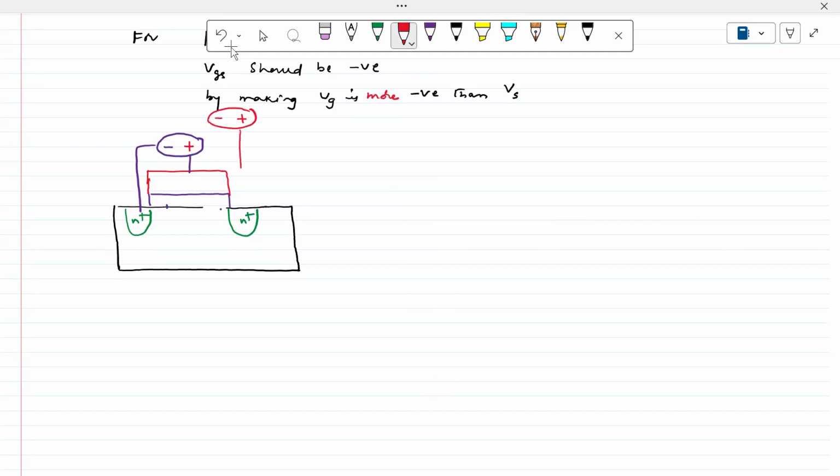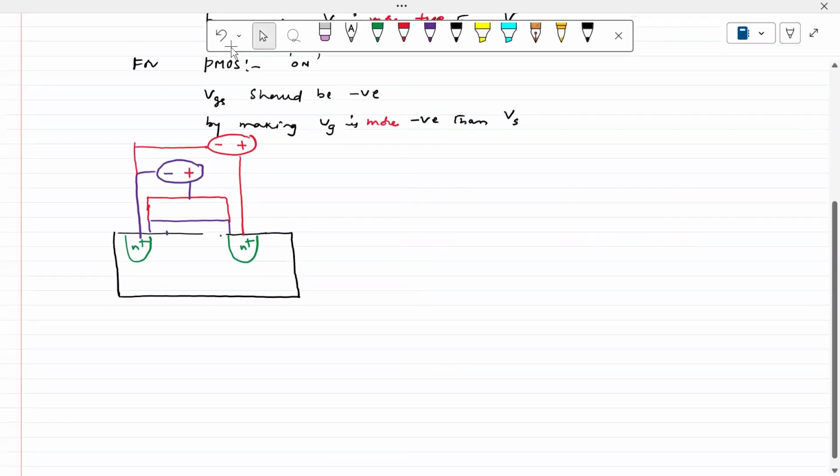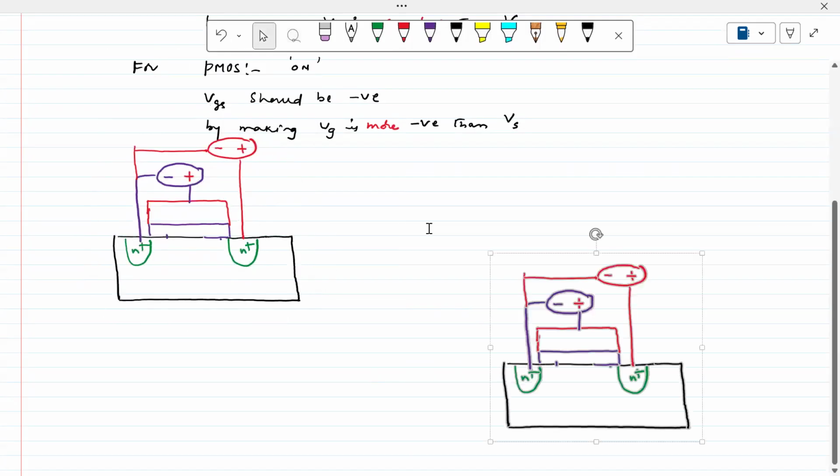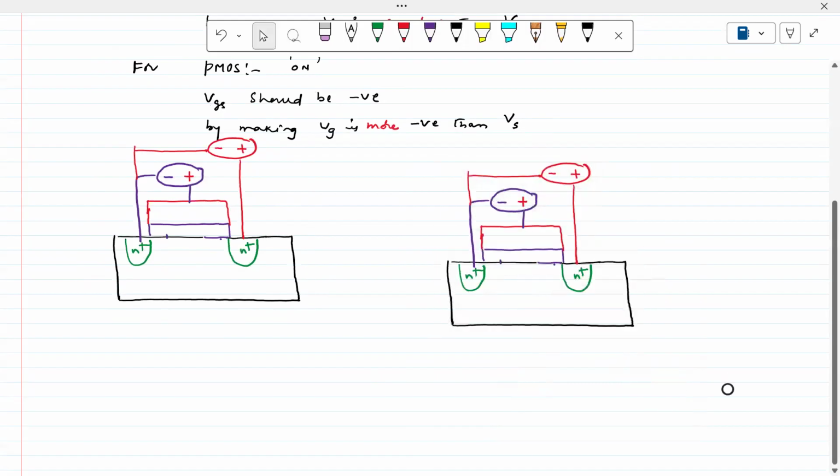We have to apply it here and here. We take the same copy and understand the PMOS as well. What we need to change: instead of n plus, we have to use p plus.